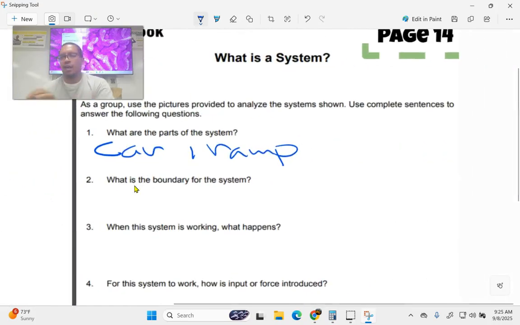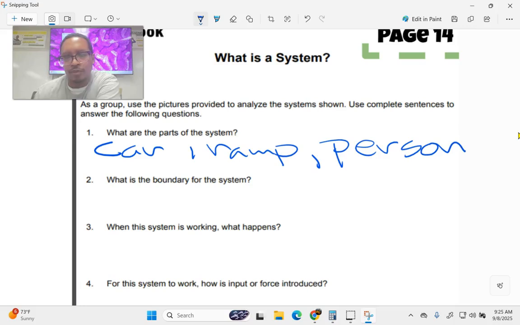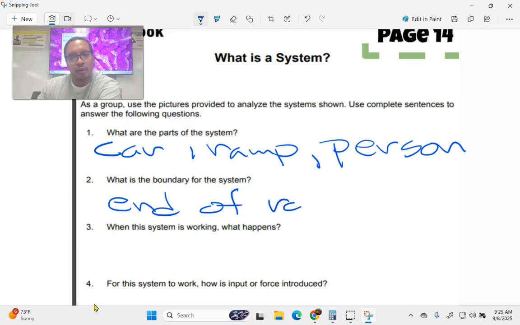We must have had a person or a driver of some sort. So I'm just going to put a person. That person probably is a driver of some sort. Toy car, we got to put it on the ramp. So somehow we got that car on the ramp. What is the boundary of the system? And we would just say end of ramp. That would be the boundary, okay?